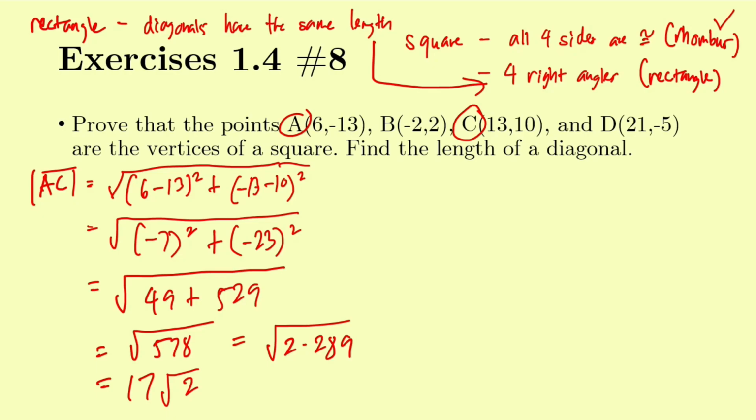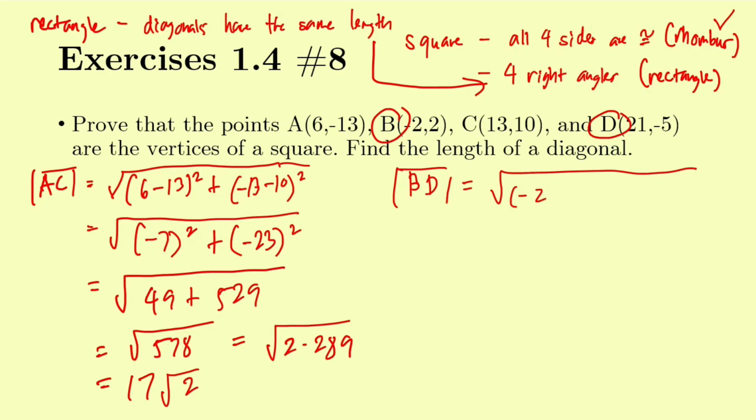How about for the second pair? How about for BD? Distance formula. Negative 2 minus 21 squared plus 2 plus 5, or 2 minus negative 5 squared.